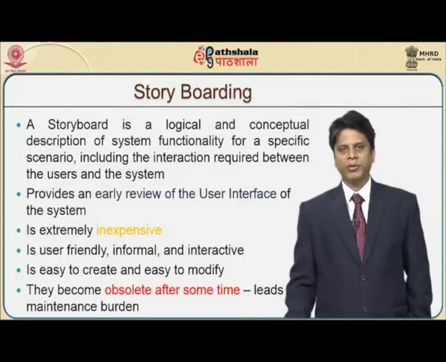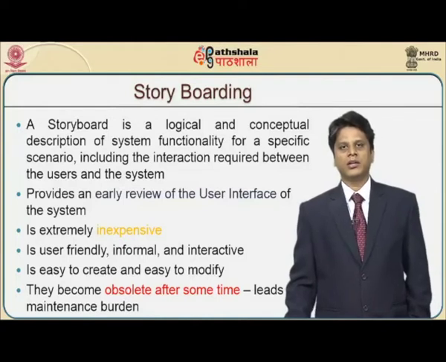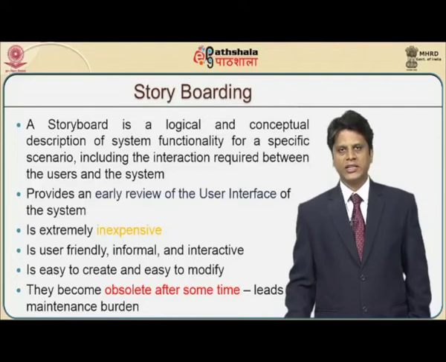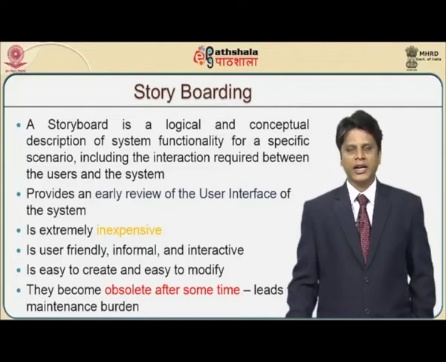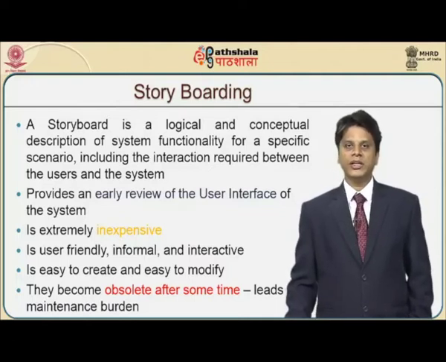When compared to the previous systems, where conducting a workshop means we may have to provide an executive facility for all the participants, the facilitator or leader and the members of the team, storyboarding becomes extremely inexpensive.